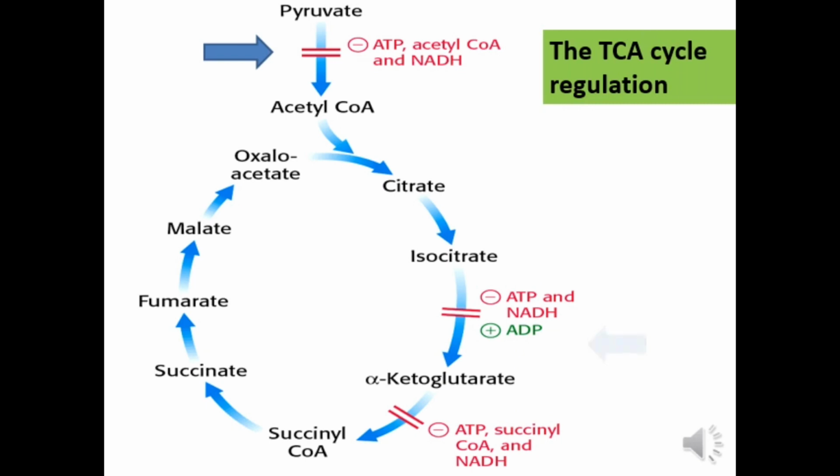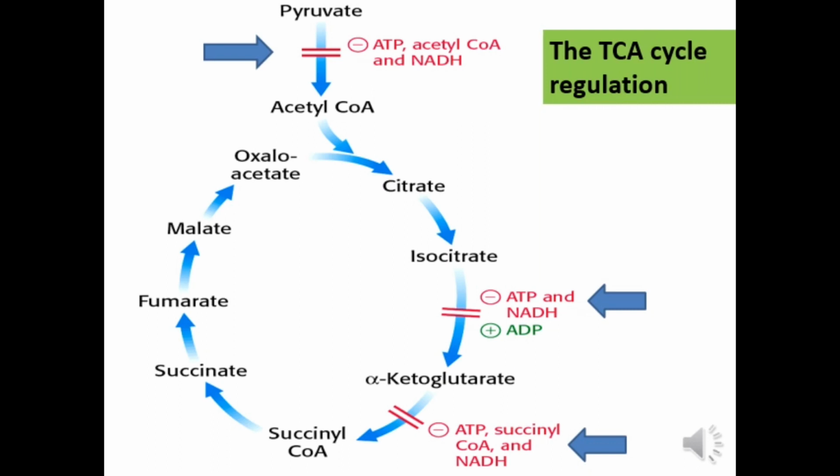Enzyme which convert isocitrate into alpha-ketoglutarate is known as isocitrate dehydrogenase. This is inhibited by ATP and NADH and activated by ADP. The reaction which convert alpha ketoglutarate into succinyl CoA is known as alpha ketoglutarate dehydrogenase complex.